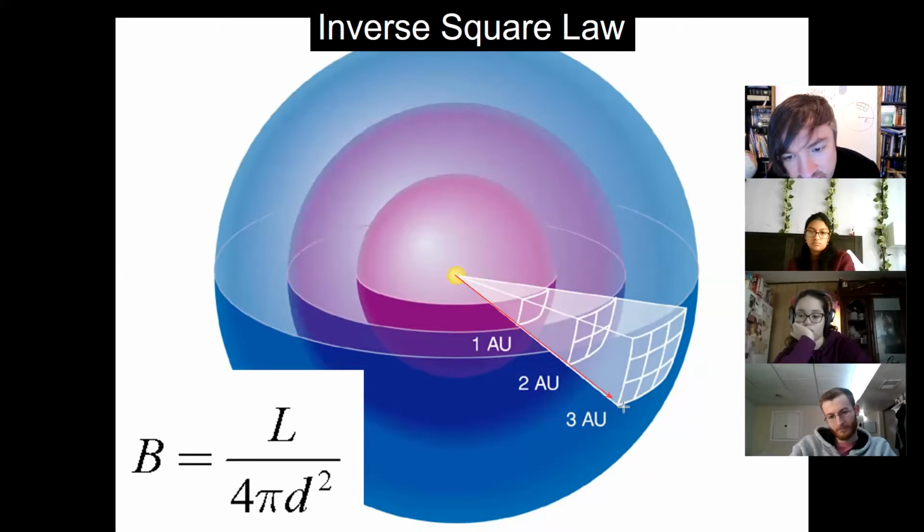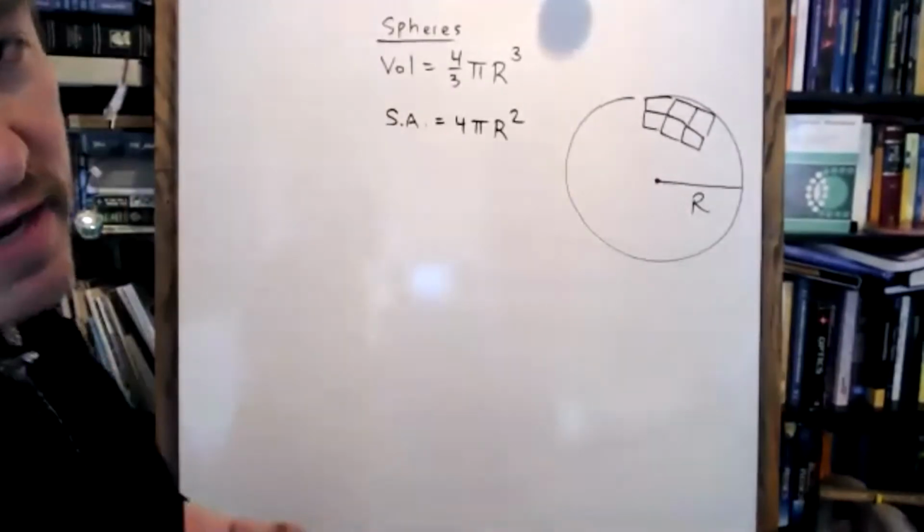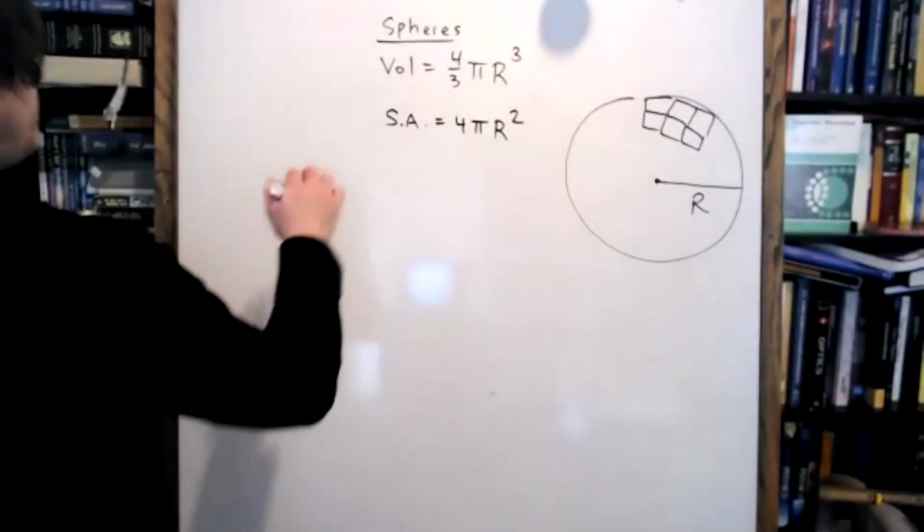I can think of this distance here as the radius of a massive sphere, or I could think of this as the distance between me, the observer, and the star. So you can also think of this as the distance between you and the star. Basically, what I'm saying is you can use the inverse square law in one of two ways.